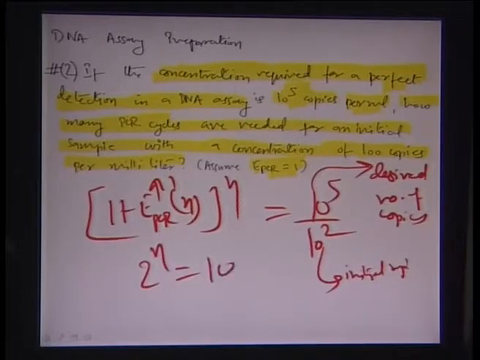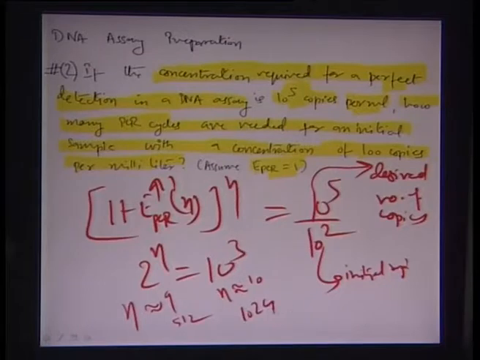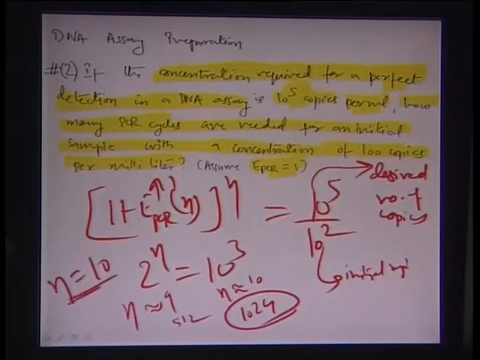So this happens to be about 1000, and therefore n can be determined. If n were 9, then 2 to the power n would be about 512. If n were 10, it is about 1024. So it is somewhere between 9 and 10, and we can say that the number of cycles here is about 10. So this concentration would be reached in about 10 thermal cycles for this particular reaction.